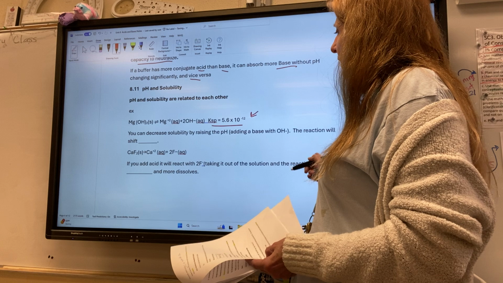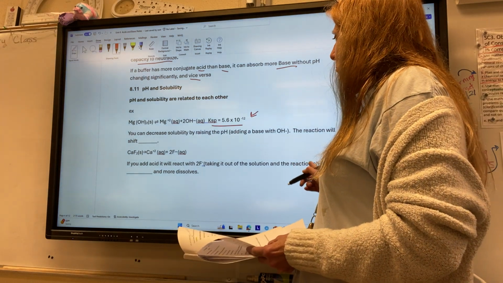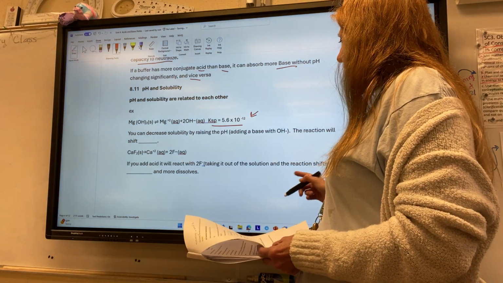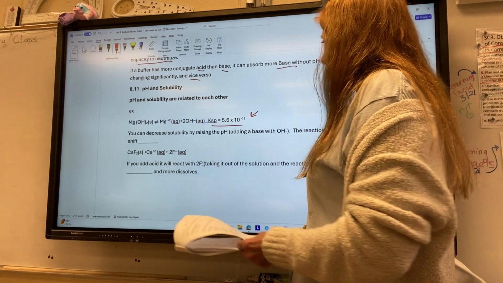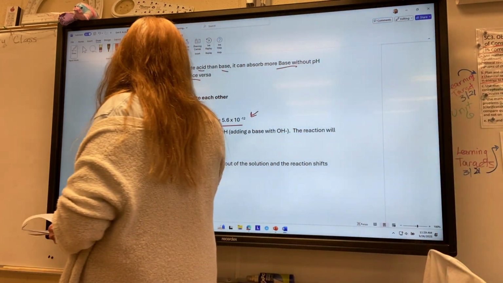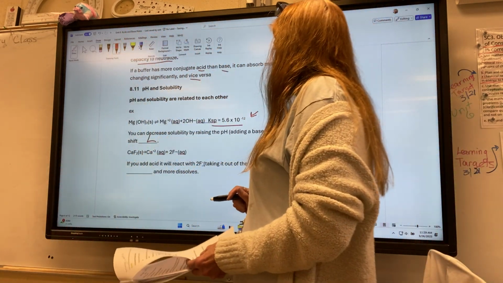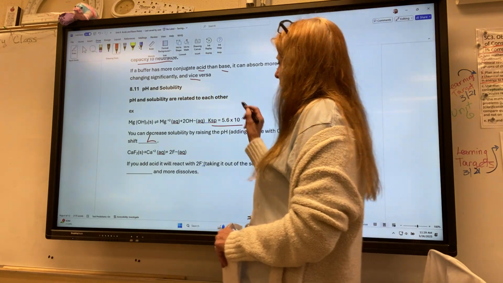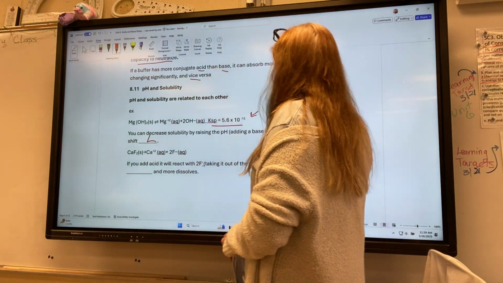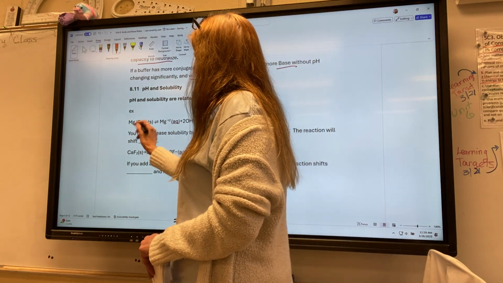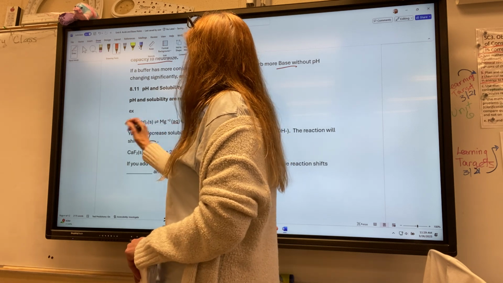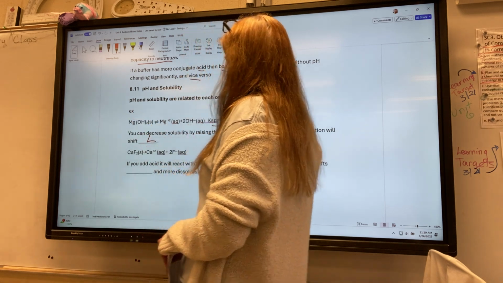You can decrease the solubility by raising the pH, adding a base with OH. The reaction will shift left. Okay, so if I decrease the solubility by adding a base, which makes sense, the base is trying to come off, but I'm adding more, I'll make it go that way, so it goes less.